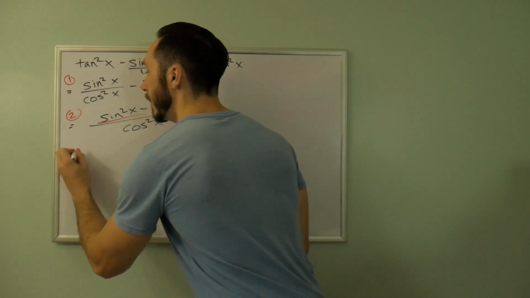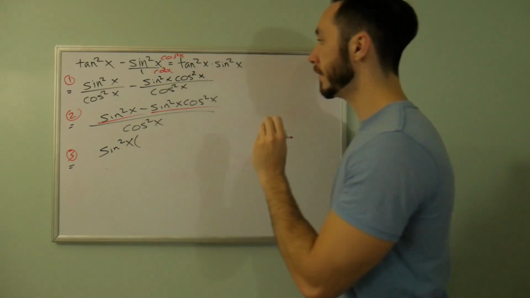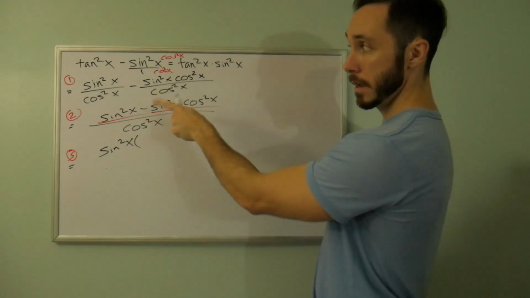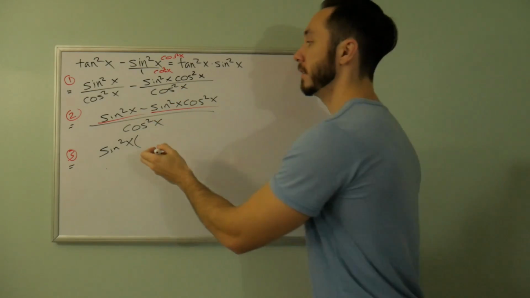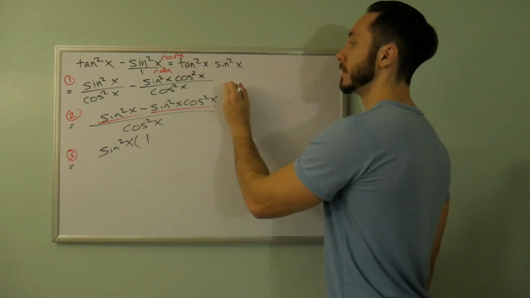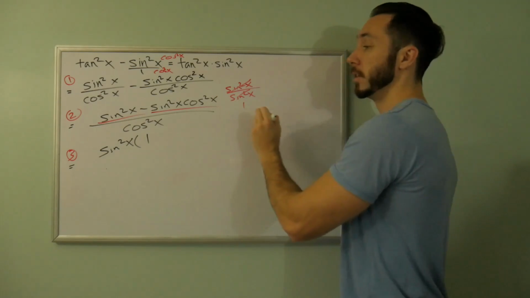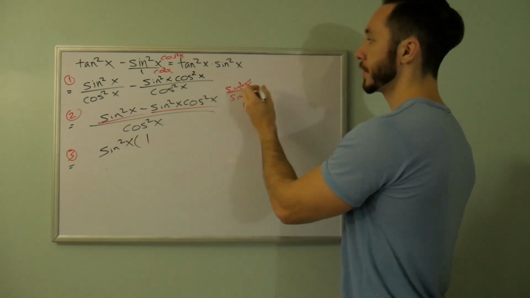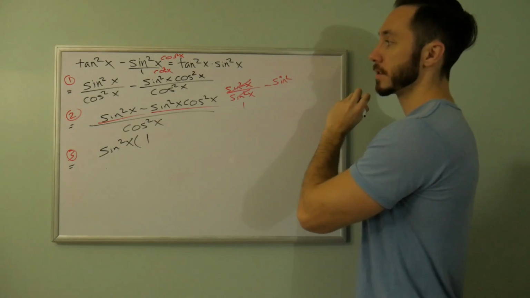So my 3rd step is to factor out sine square x, leaving the inside as, well, if you divide sine square x by sine square x, it's the same thing over itself. That's just 1. So if you need the work to see that, sine square x over sine square x, cancel, you get 1. And I guess I'll show the math for this too. So this is a dot, not a square.